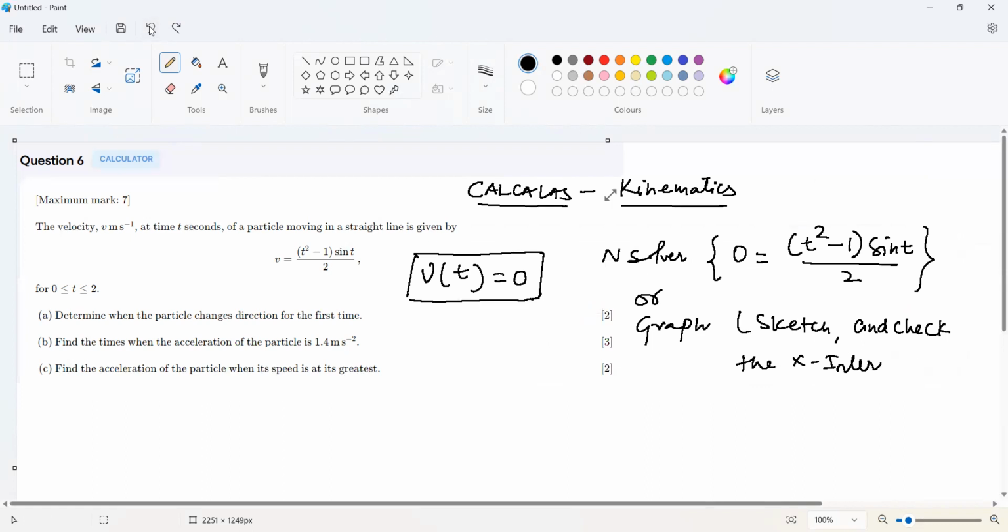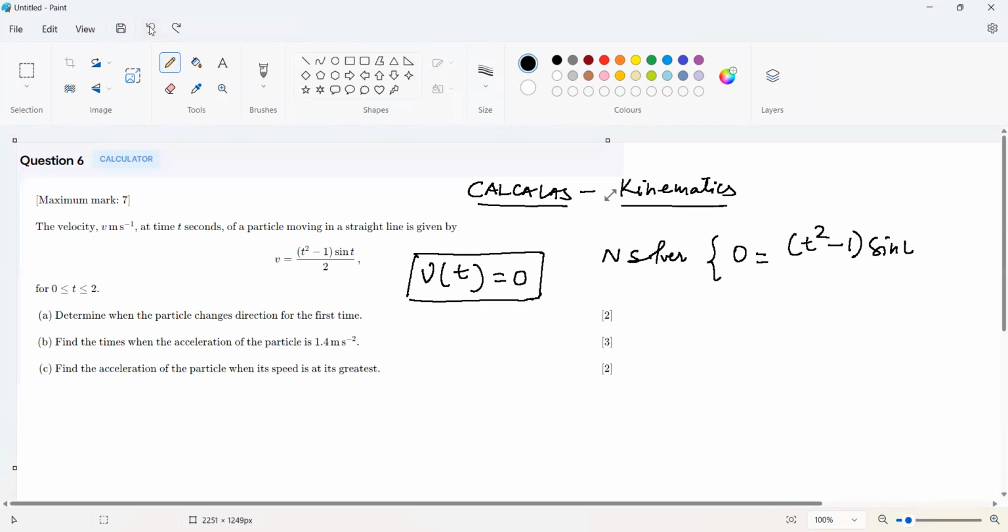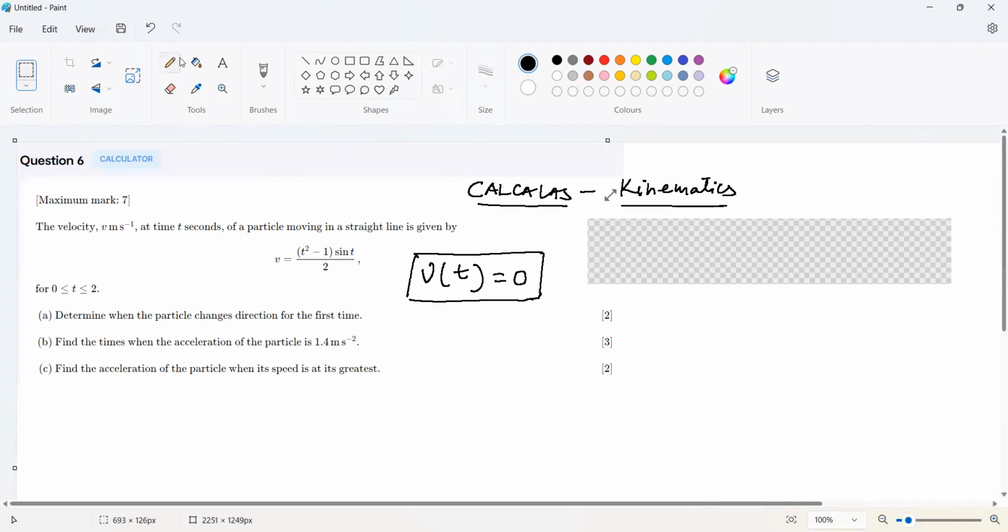I'll write this condition, sketch it, and write the value for the time. This is the answer: t is equal to 1 second.